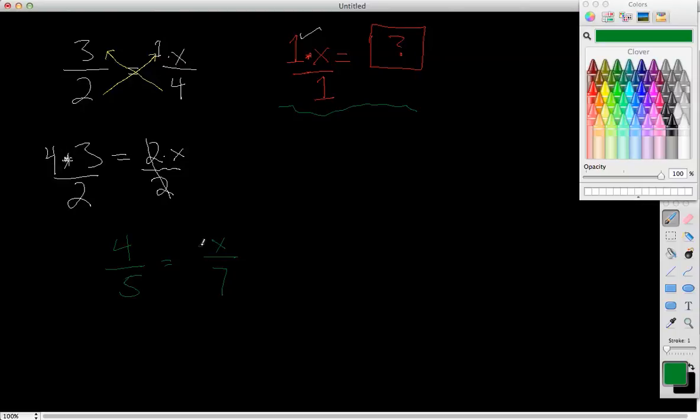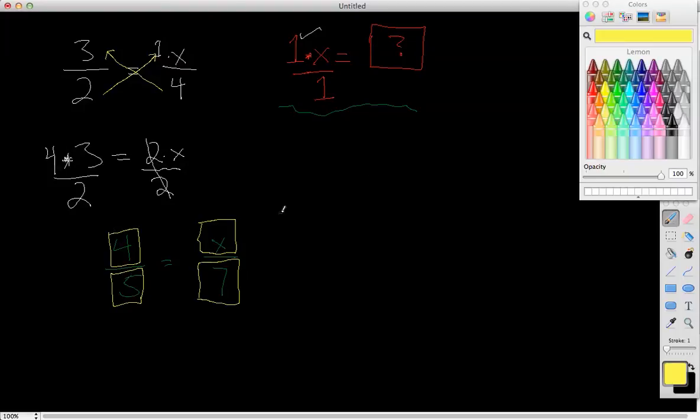I don't want to bring this 5 over. And cross multiplication tells me that if I would like to, I can bring any one of these numbers. So I'm going to write it in a little block. So my x is in a block, my 7 is in a block, my 5 is in a block, and my 4 is in a block. And at any point, I can bring my blocks across and over from one side to the next.